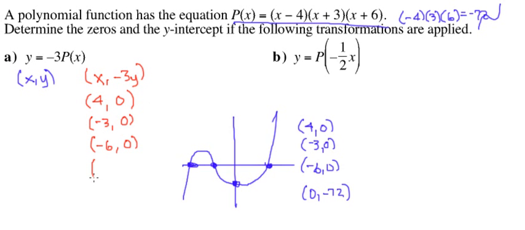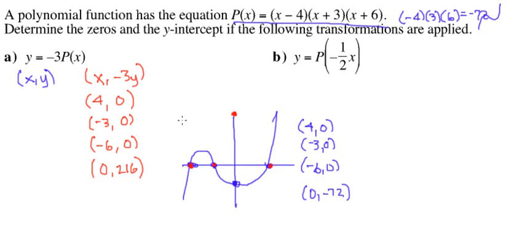And finally, we get some activity on (0, -72). We keep the 0. -3 times -72 is 216. So the transformed version of this curve, after a vertical stretch, has all the same x-intercepts, but its y-coordinate, instead of being -72, is now plus 216.